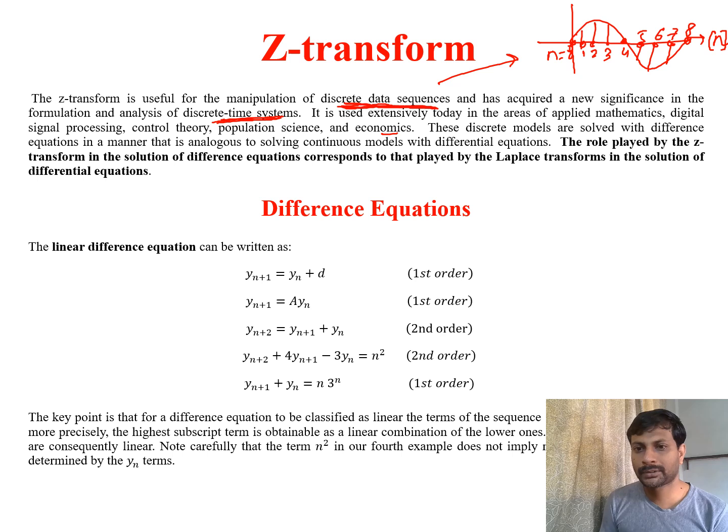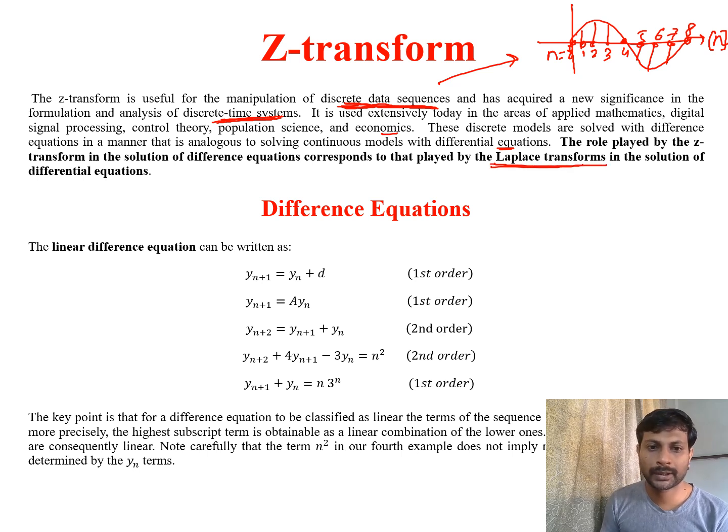These discrete models are solved with difference equations in a manner that is analogous to solving continuous models with differential equations. The role played by the Z transform in the solution of difference equations corresponds to that played by the Laplace transform in the solution of differential equations. We have already derived the Z transform from the Laplace transform in our previous presentation.